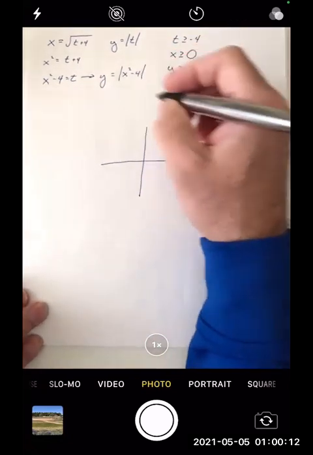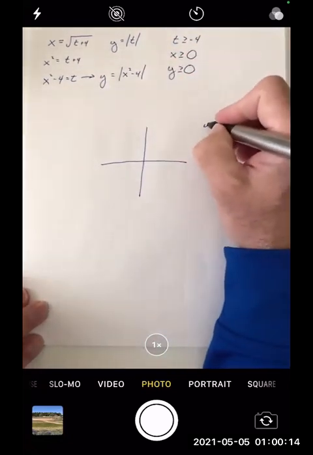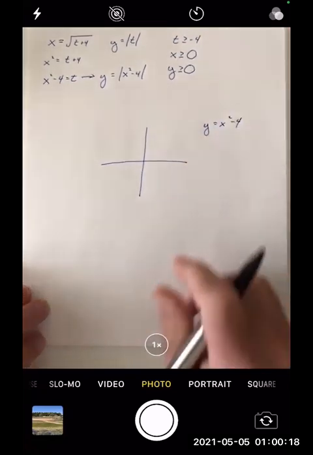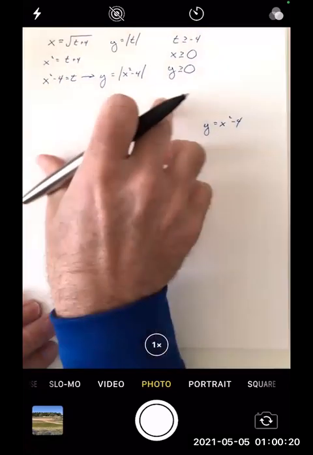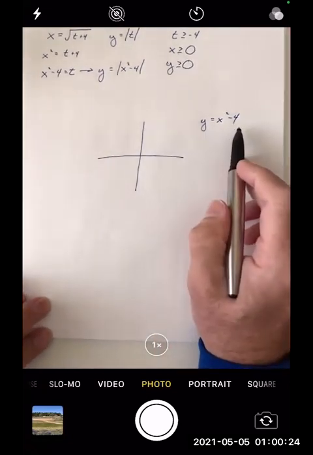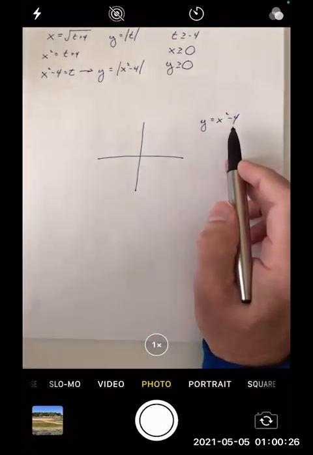So for starters, let's just take the absolute value bars off. We're going to build our way up there. So y equals x squared minus 4. What's that the graph of? A parabola.